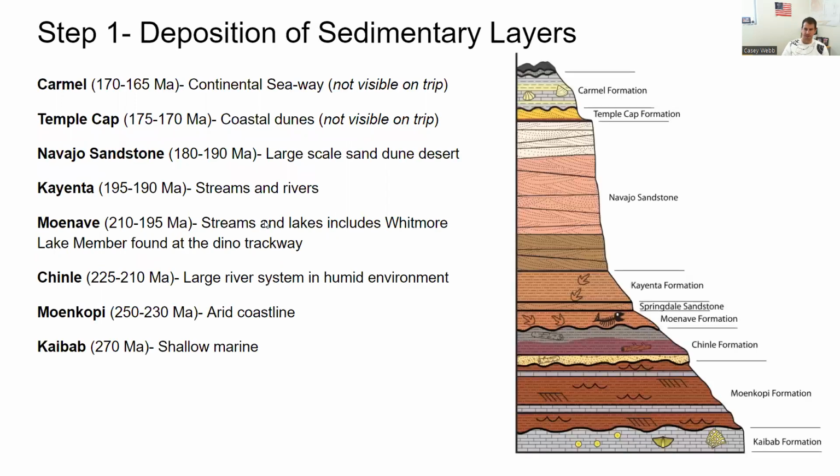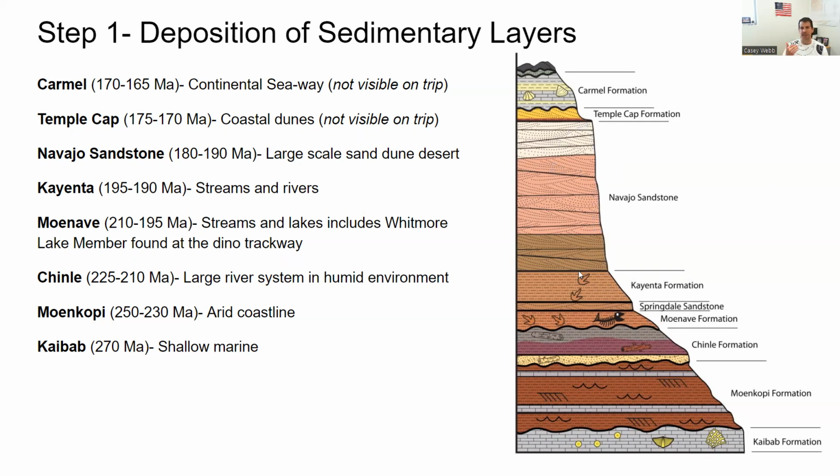There wasn't just one layer that we saw. If you're thinking about when we drove up Kolob Terrace Road to that portion of Zion, we saw the big cliff forming layer, which is the Navajo sandstone, and then we had the slope at the bottom, which is the Kayenta formation. On the way up and the way down, we saw these other slope forming layers.